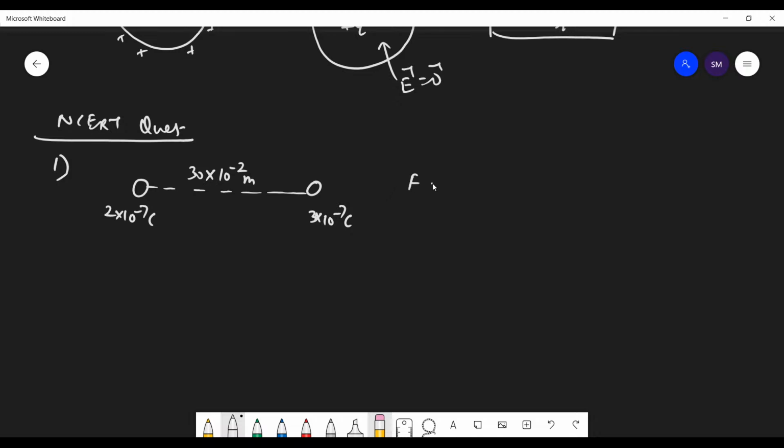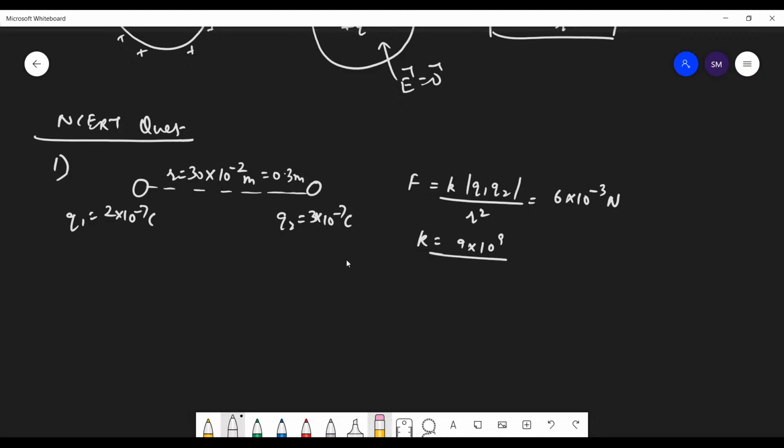Coulomb force is given by F equals, just writing the magnitude, K |Q1 Q2| divided by r square. Just put the values, and you will get 6 × 10⁻³ Newton. Here is your r, Q1 and Q2, and the value of K you know is 9 × 10⁹.